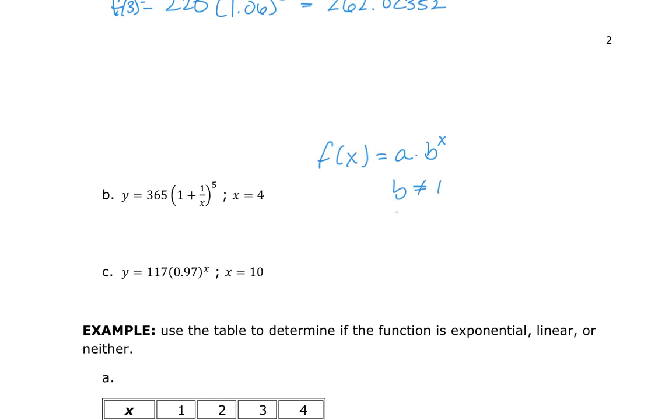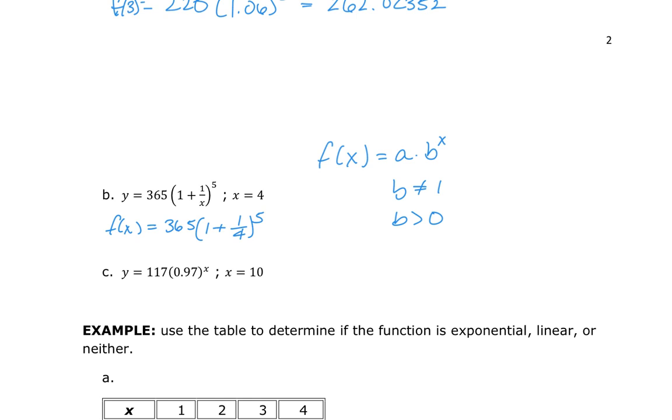B cannot be 1, and b has to be greater than 0. So, there you go. Can't be 0, can't be 1. It's not in that form. I can still evaluate it, though. I can say f of x or y is equal to 365 times 1 plus 1 over 4 raised to the 5th. Let me get my calculator out for that.